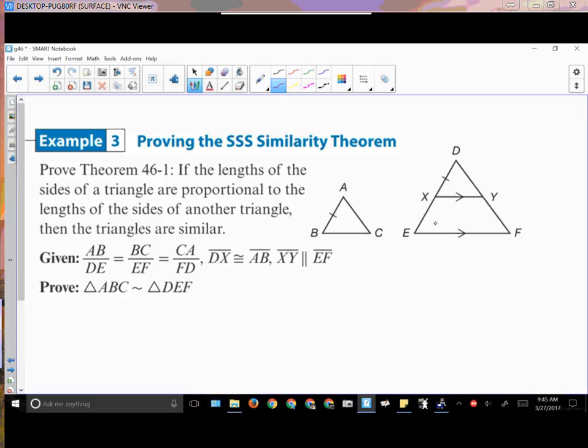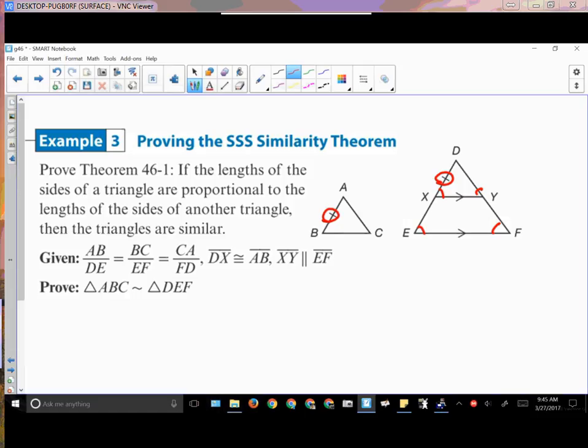Because if I look at this triangle over here, this angle and this angle are the same, correct? This angle and this angle are the same. So there is similarity going on there, correct? They say that this here is congruent to that there.